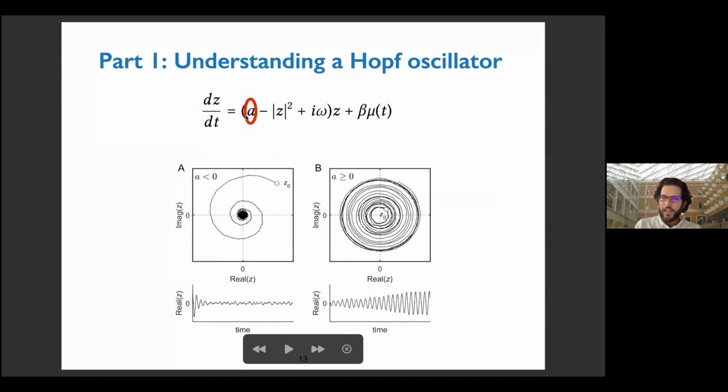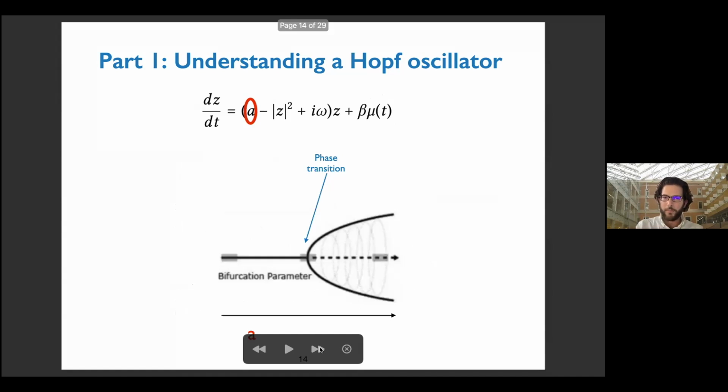If A is negative, then there is no limit cycle. So we just have a fixed point at 0, 0, and therefore we only have the contribution from noise. Every time there is an input into this region, this will end up damping, and we will end up just with noise. In the other case, any perturbation will end up in a sustained oscillation. So this is the key concept for this first part.